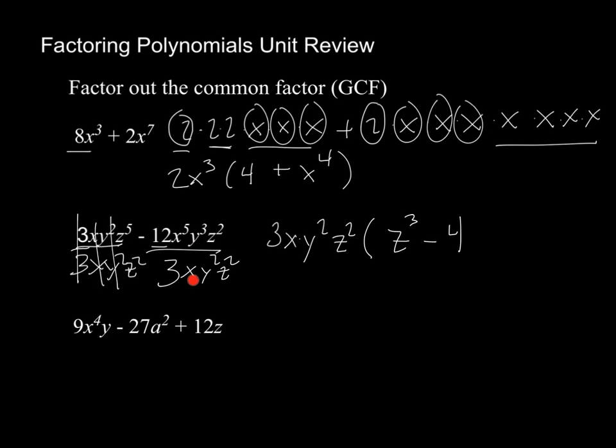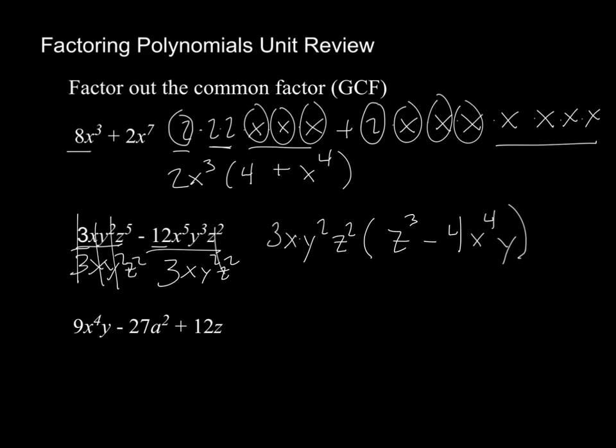X to the 5 minus x to the 1 is going to give me x to the 4th power. Y cubed divided by y squared, you go 3 minus 2, is going to give you a y to the 1. And the z squares will just cancel, so you're left with this. This is the completely factored expression. From this to this is a completely factored expression.